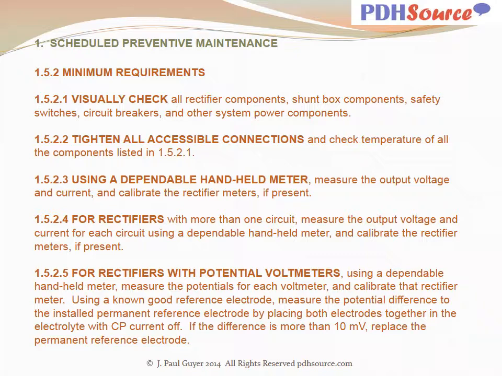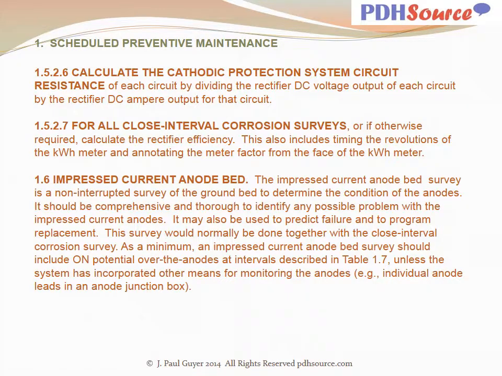If the difference is more than 10 millivolts, replace the permanent reference electrode. Calculate the cathodic protection system circuit resistance of each circuit by dividing the rectifier DC voltage output of each circuit by the rectifier DC ampere output for that circuit.